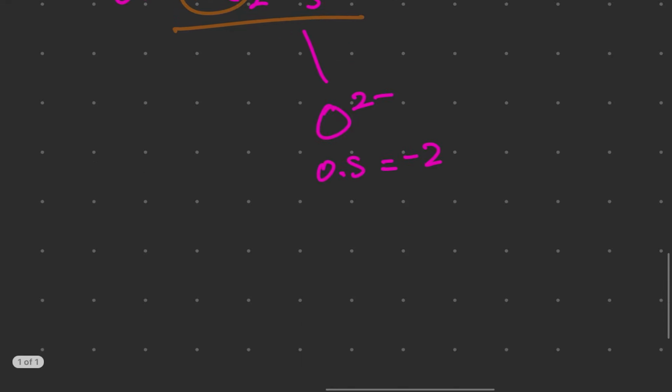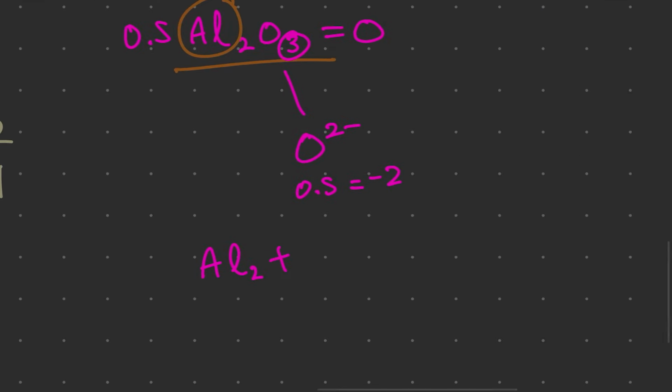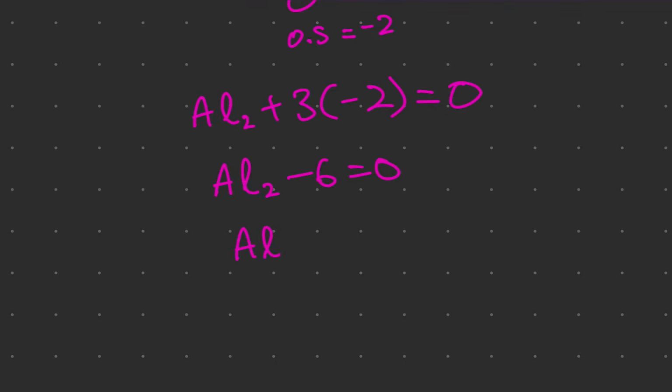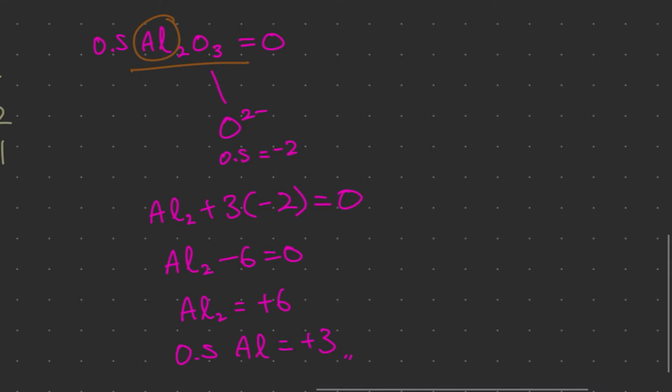So I can write it as Al2 plus 3 times -2, because that's the oxidation state of the oxide. That will equal 0. So Al2 minus 6 will equal 0. So Al2 will equal +6. So the oxidation state of aluminum will equal +3. There you go, I found the oxidation state of aluminum in aluminum oxide.